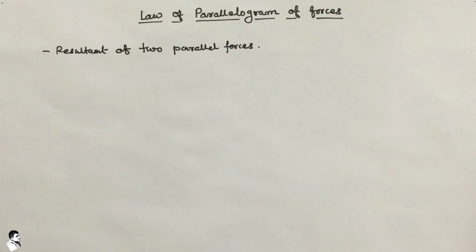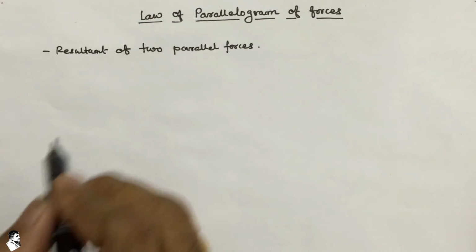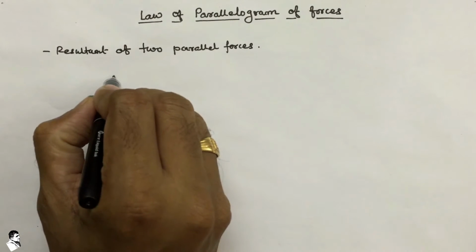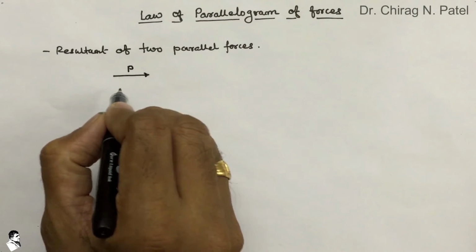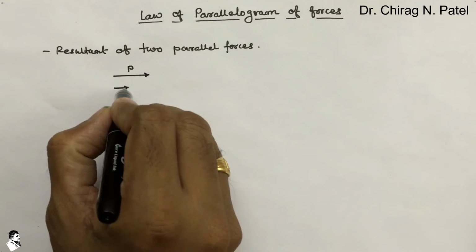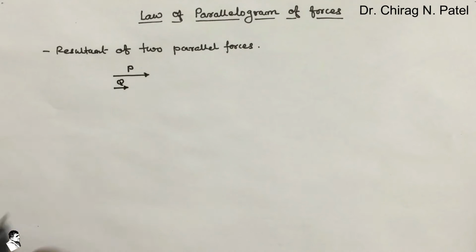Now, to understand that, if we consider two parallel forces, one force is force P and the other force is force Q. Both the forces are acting along a like direction, that means a similar direction.